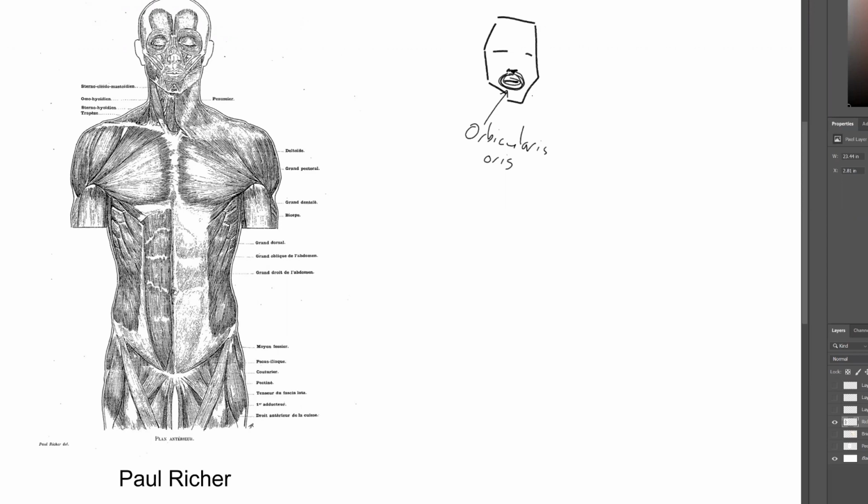And I could try and find other ways of remembering this. The name of this, orbicularis oris, tells me that it orbits the mouth. That's literally what the name means.